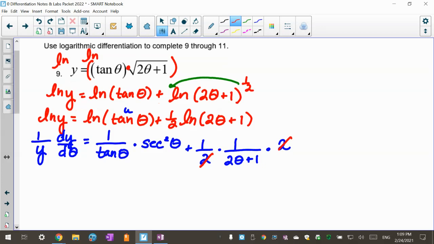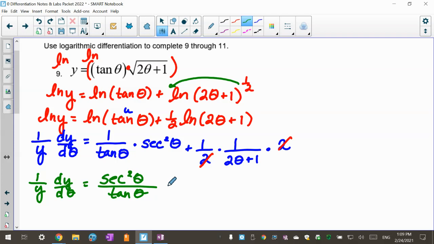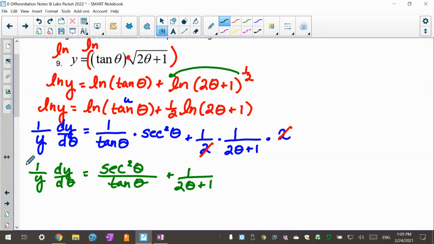And so I end up with, ready, 1 over y dy d theta equals secant squared theta over tan theta, plus 1 over 2 theta plus 1. All right, now what we have to do now is solve for dy d theta. So I'm going to multiply both sides by y. And when I do that, the y is what is up here.